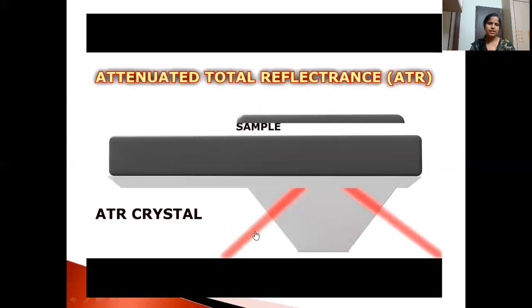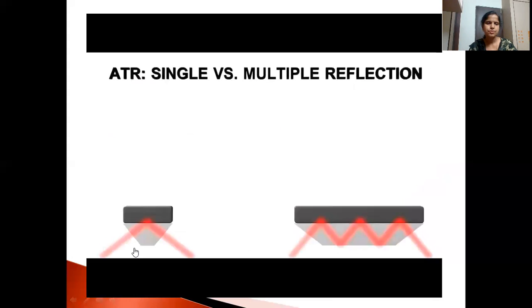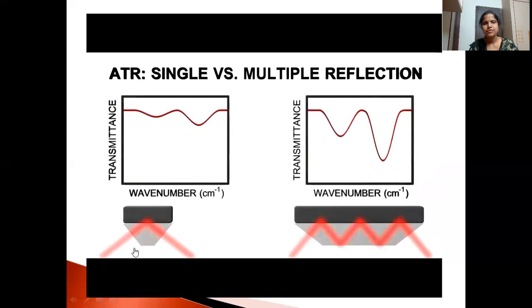Instead of a single-reflection ATR, we also have multi-reflection ATR crystals, where multiple internal reflections take place, not only one. The main use of multiple reflections is that you get a spectrum with very good resolution.